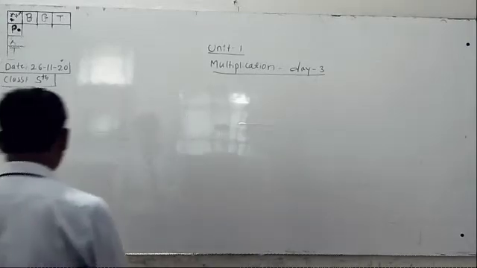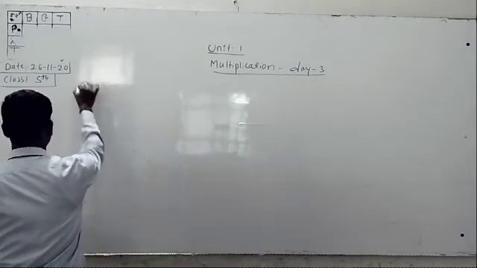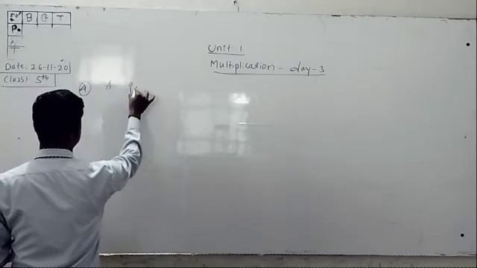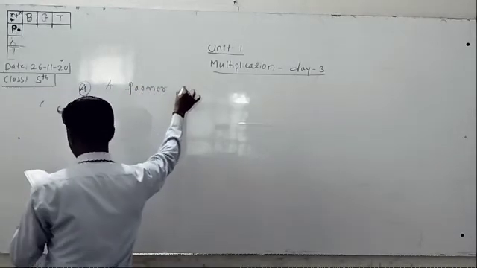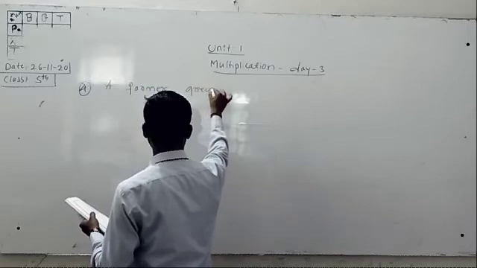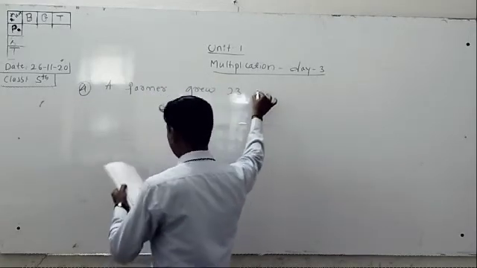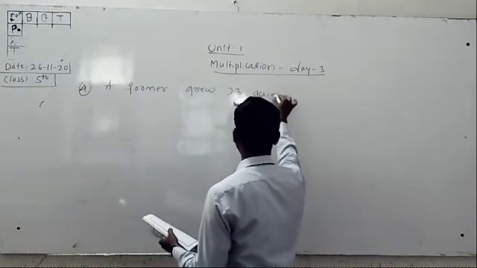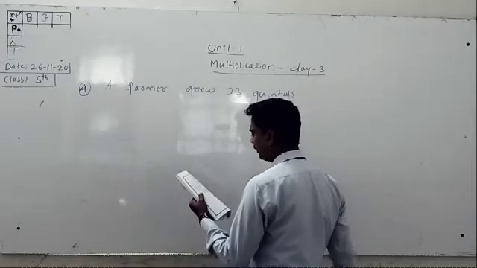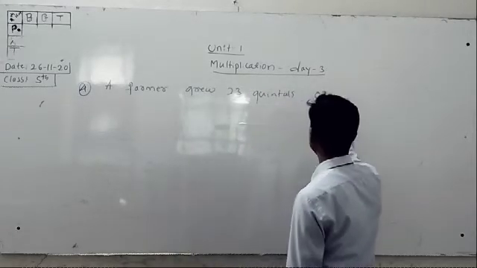Next word problem is the fourth one. A farmer grew 23 quintals of wheat.